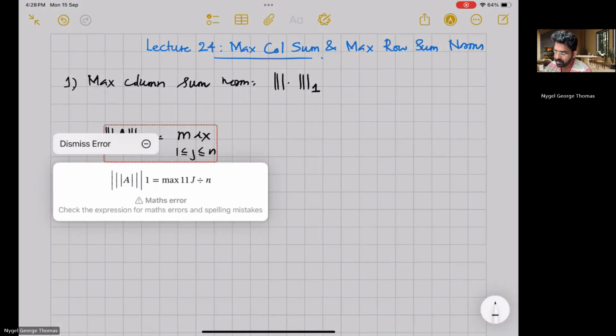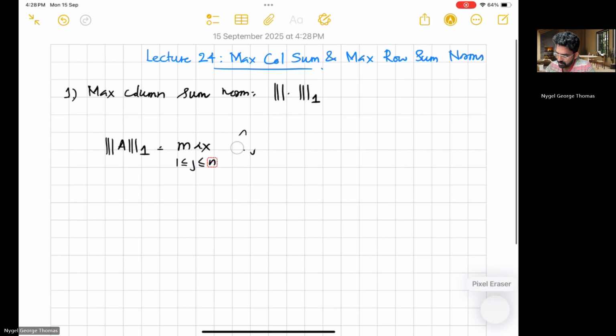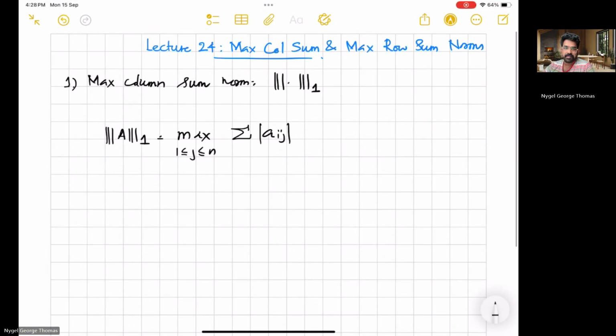The argument j is varied from 1 to n, and we take the column sum of each jth column. The maximum of all such columns will give you the norm.